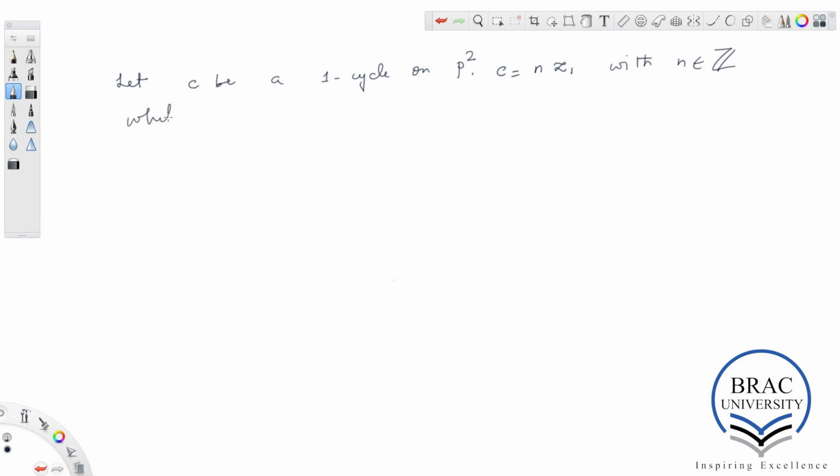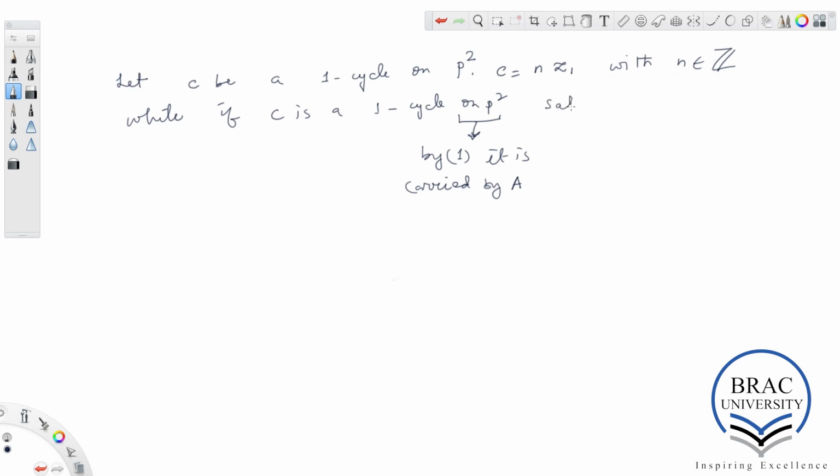While if C is a one cycle on P2, it's worth noting that by 1 it is carried by A, which is homeomorphic to a circle, right?